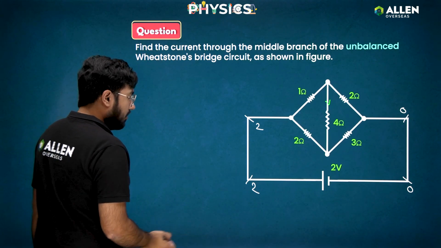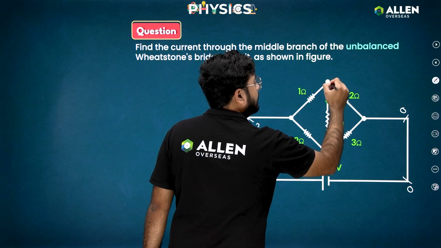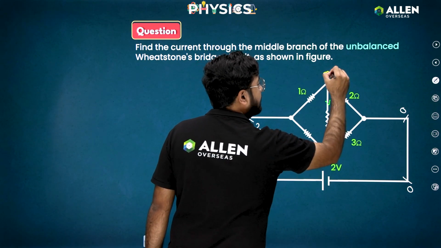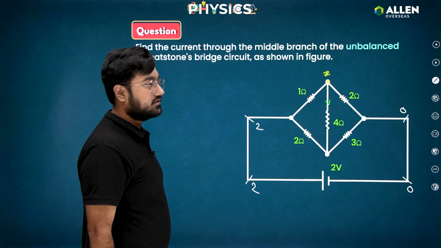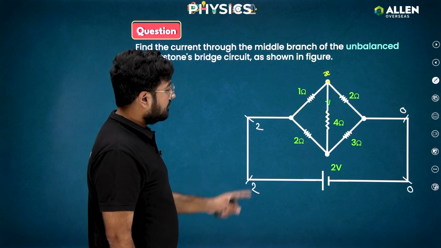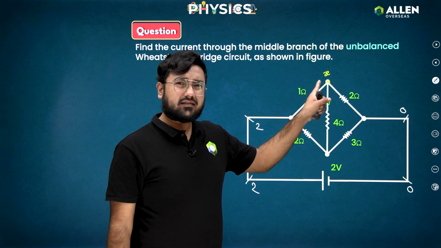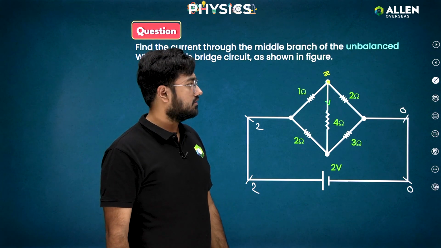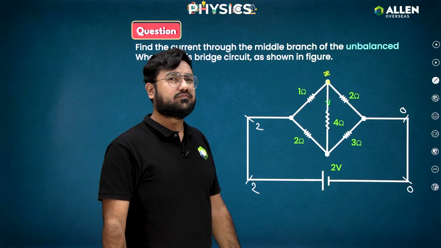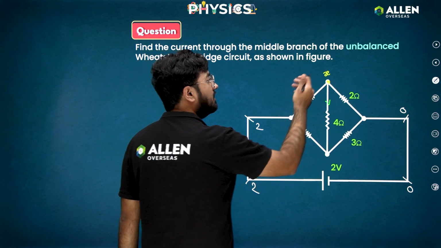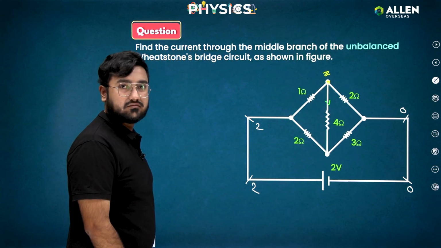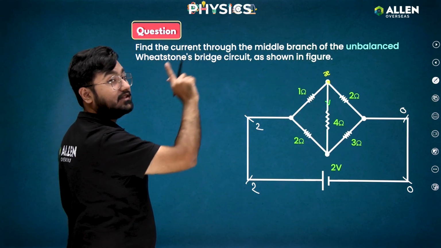Now, say potential of this point is x. Yeah. Sir, but is x higher or lower? Assume that it is maximum and apply KCL across it.